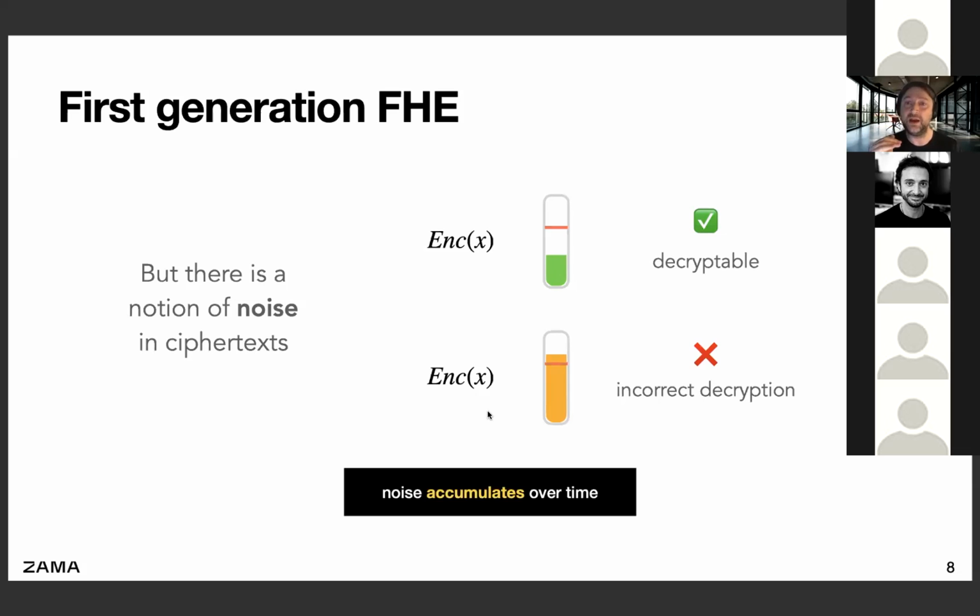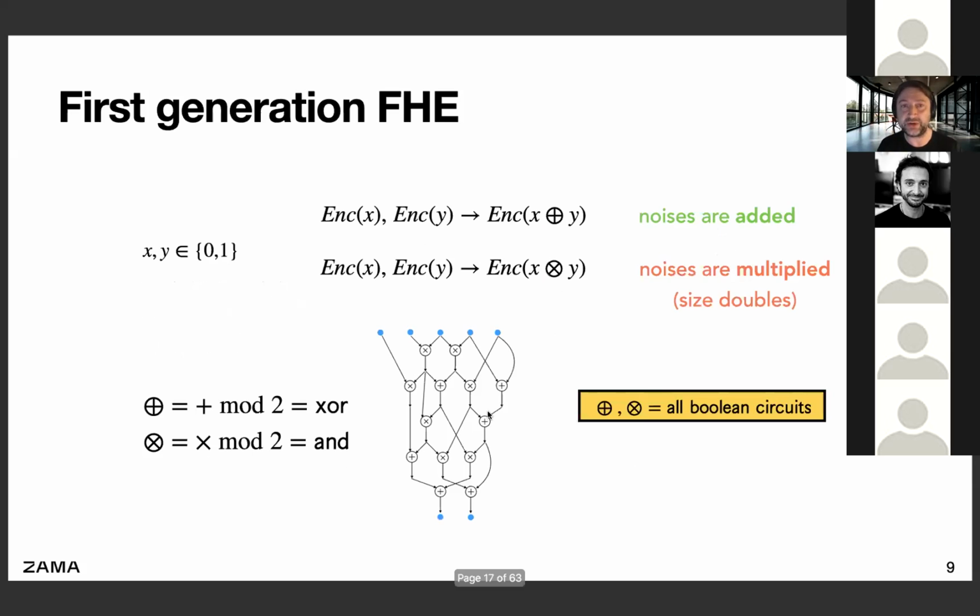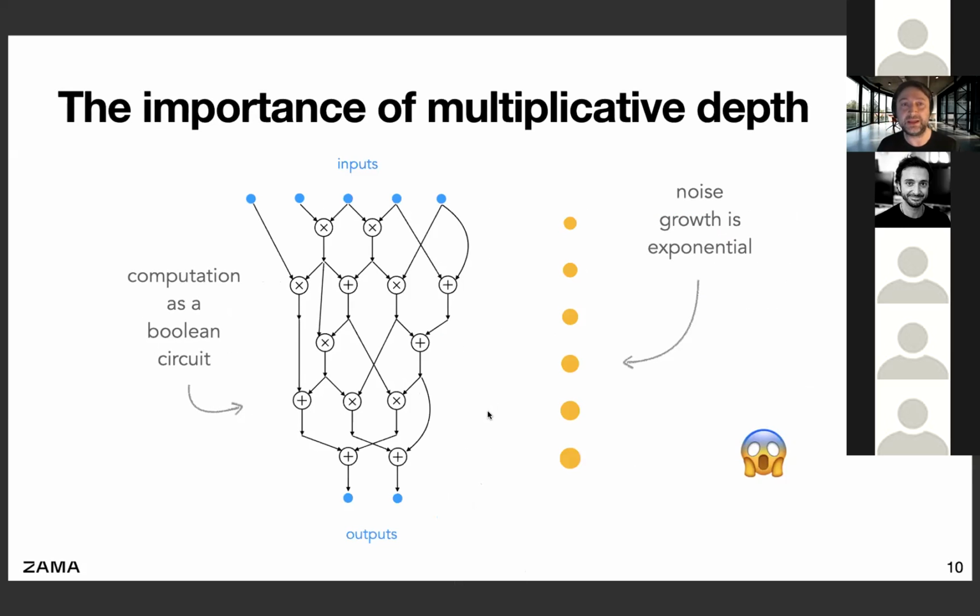And the thing is, the more homomorphic computations you do, the more noise there is in the ciphertext. So it was a huge problem for Gentry.